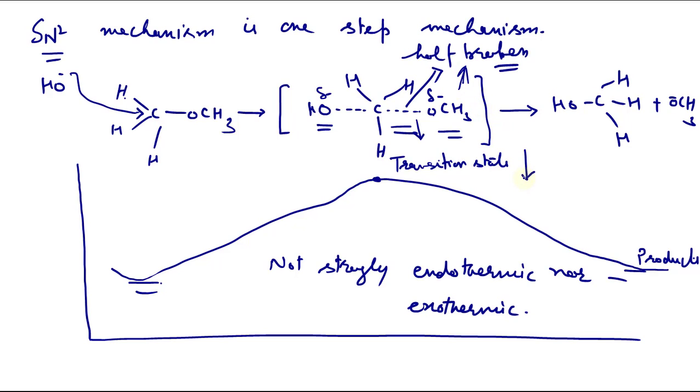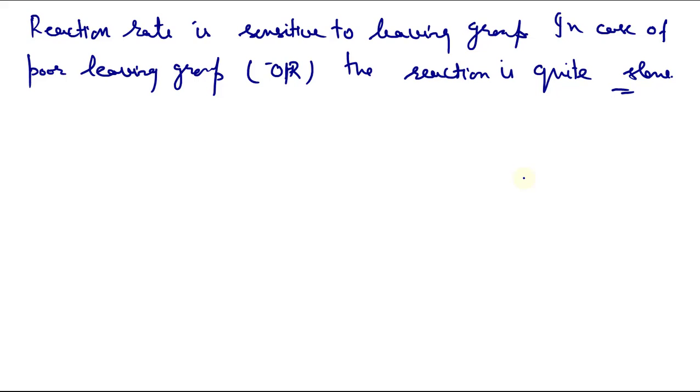That is an important step in these reactions, and the leaving group affects the rate of reaction. Poor leaving groups will definitely decrease the rate of reaction.